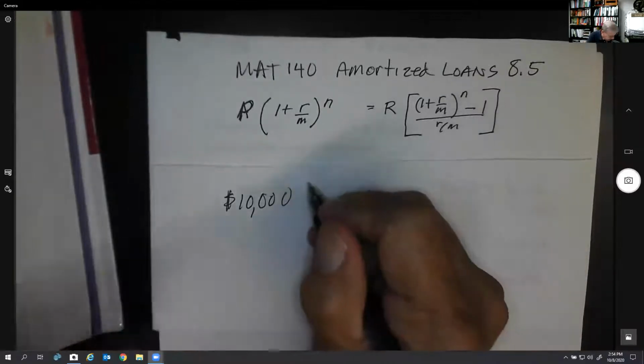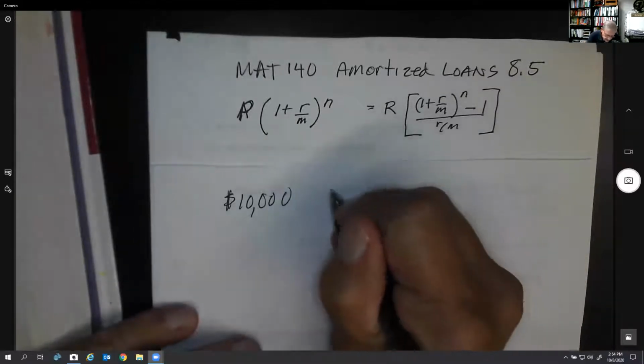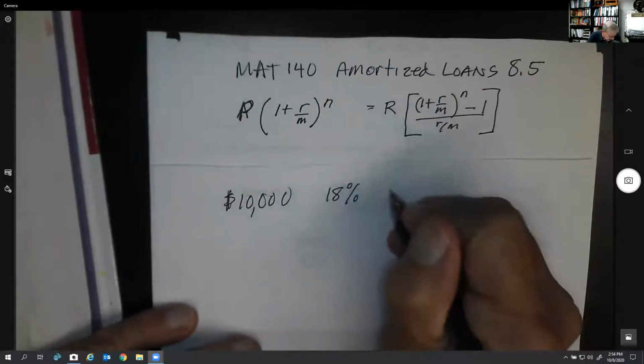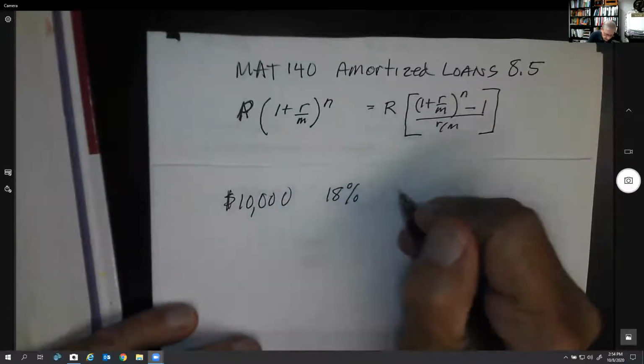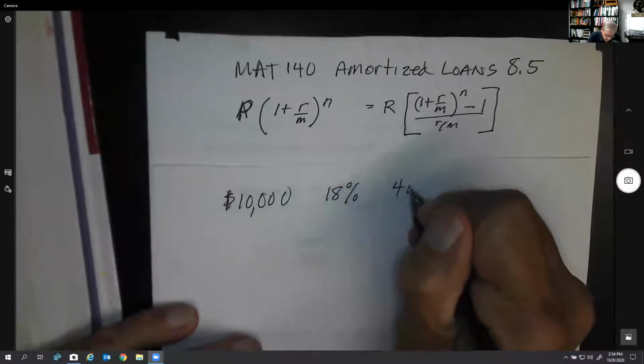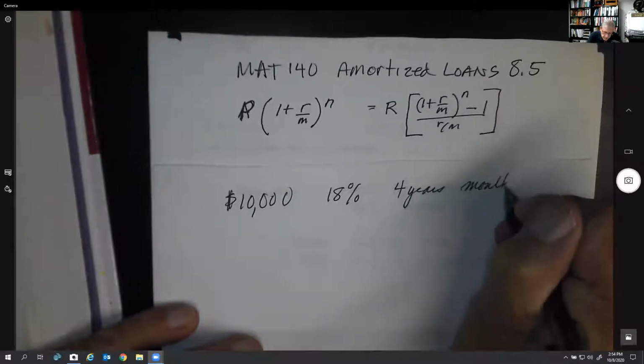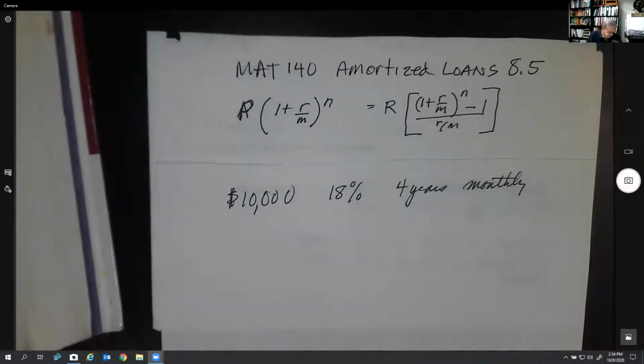Your credit must not be too good because your interest rate is 18%. You definitely want a lower rate than that. And you agree to pay off this loan in 4 years. Obviously, you're going to take monthly payments. So it wants us to calculate your monthly payment.